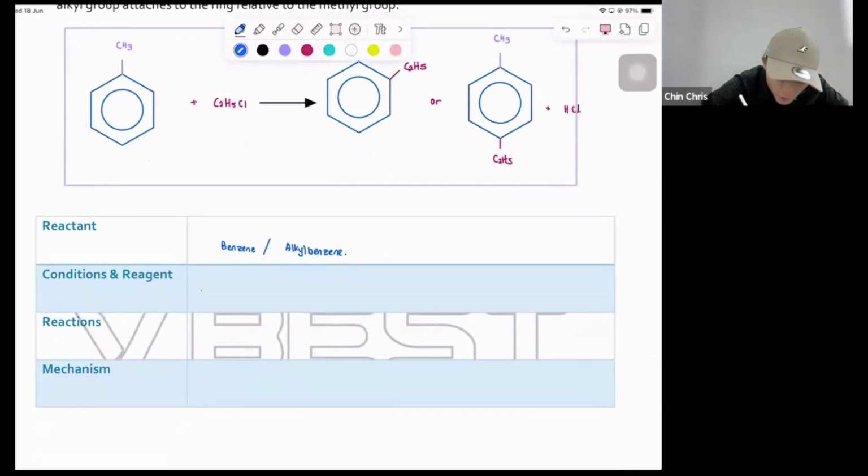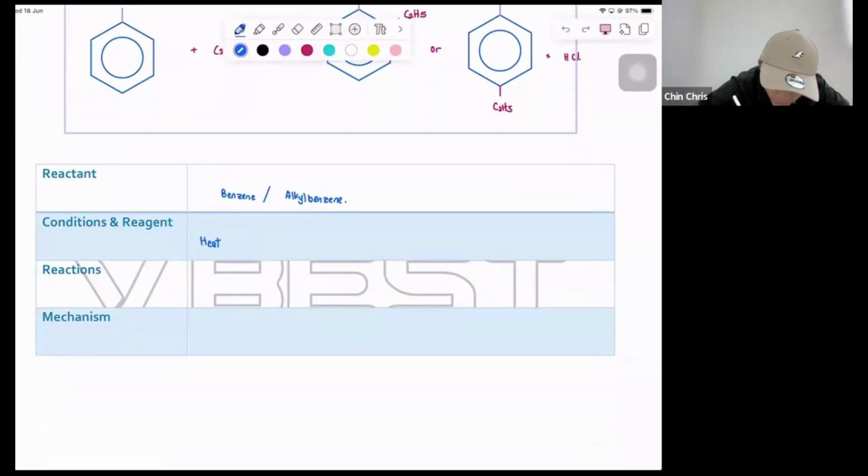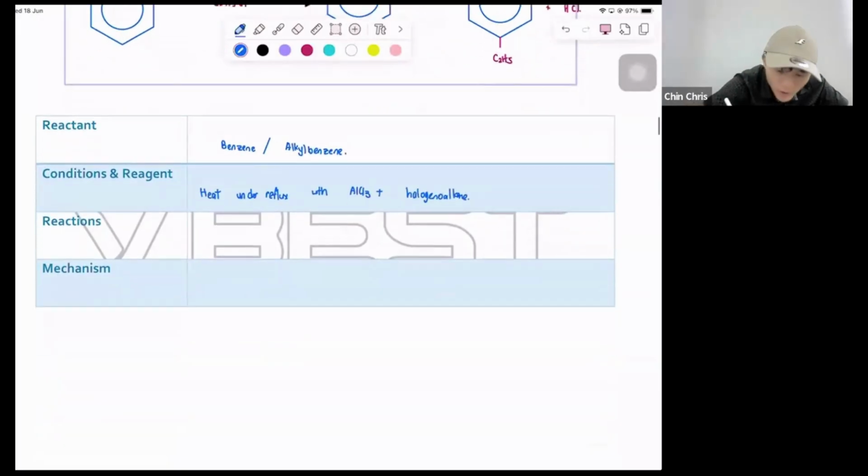Okay, so guys, what you need to do is heat under reflux, not heat with reflux. Heat under reflux with AlCl3 and a halogenoalkane. So I'm starting off with a benzene, and it's going to turn into an alkyl benzene.